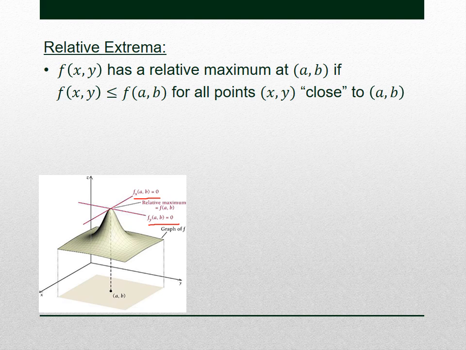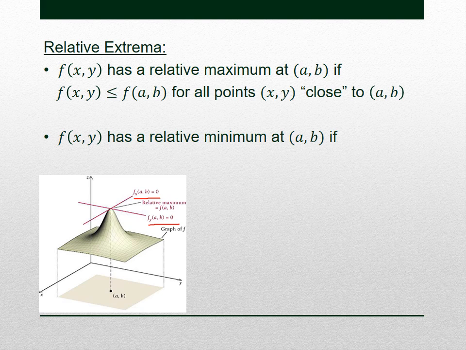So we'll actually be using those to find these points. You guys remember, hopefully, critical values back in chapter 3 when we started setting a derivative equal to 0. Here, if the partial derivatives are both equal to 0, then we still call that a critical value. And this maximum can happen at a critical value.